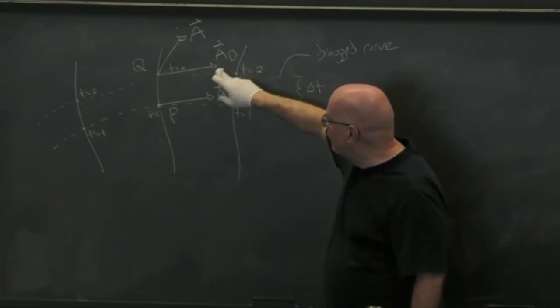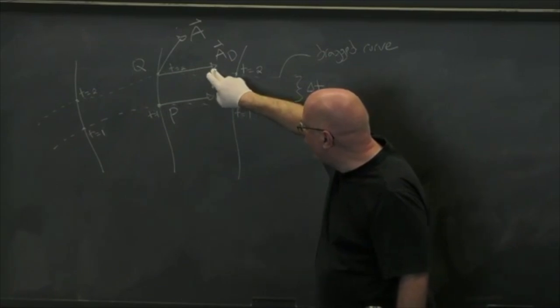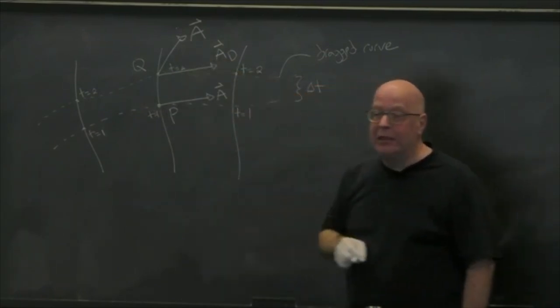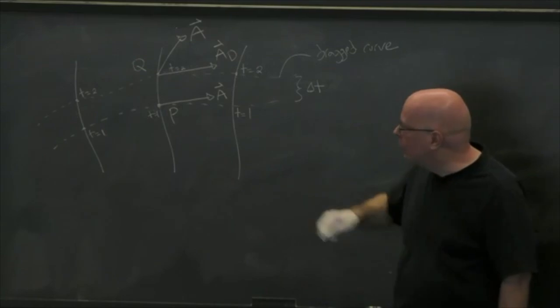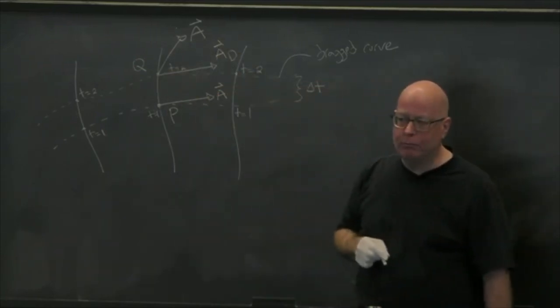And the dragged version of A, which is required to be tangent to the drag curve, is going to be, in general, different from the original vector field A evaluated at Q.